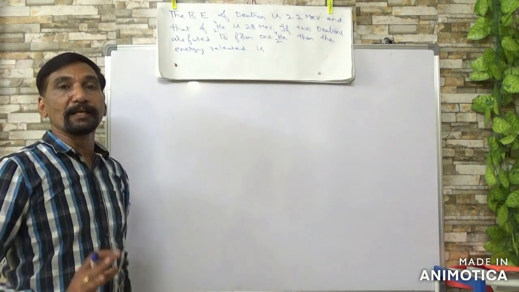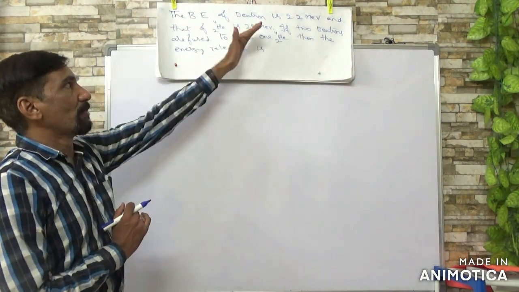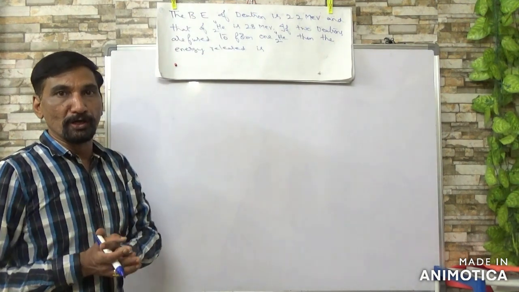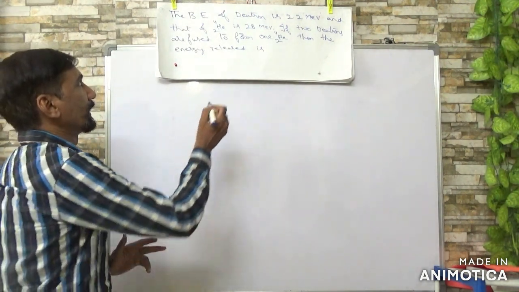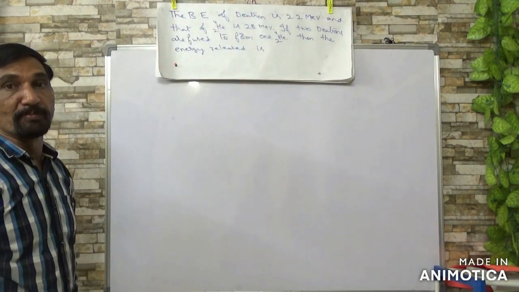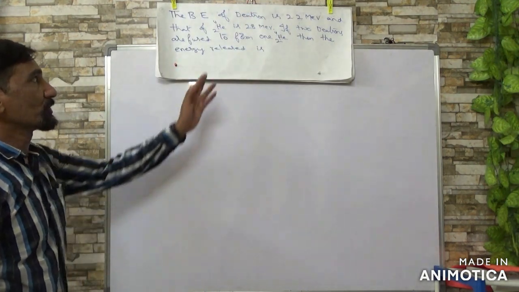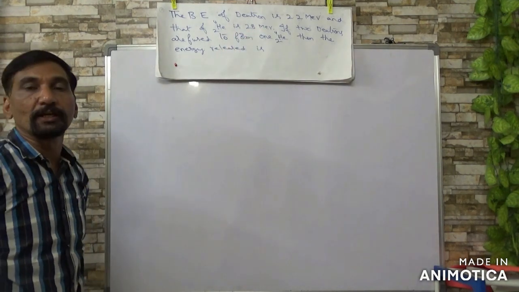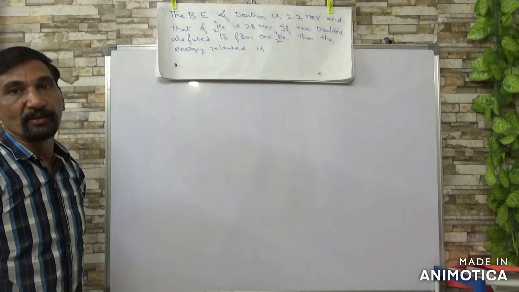Now about the given problem. The helium nucleus is formed by 2 neutrons, and the binding energy of this helium is given as 28 MeV. Each neutron has energy 2.2 MeV.